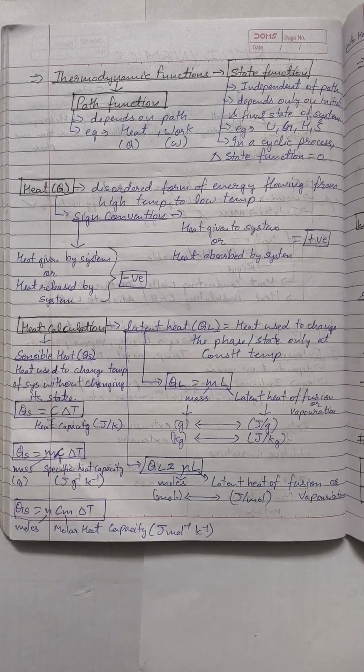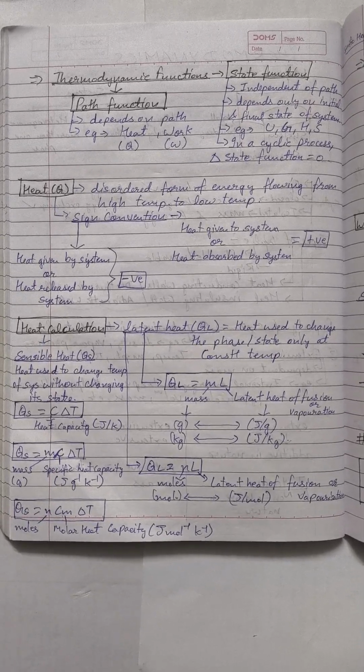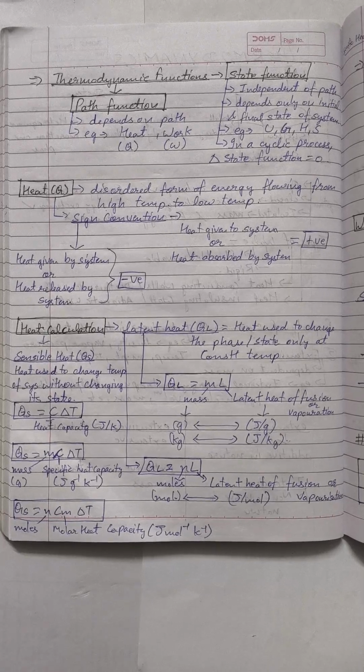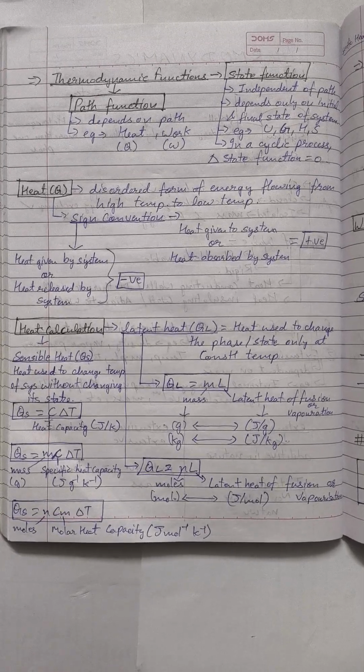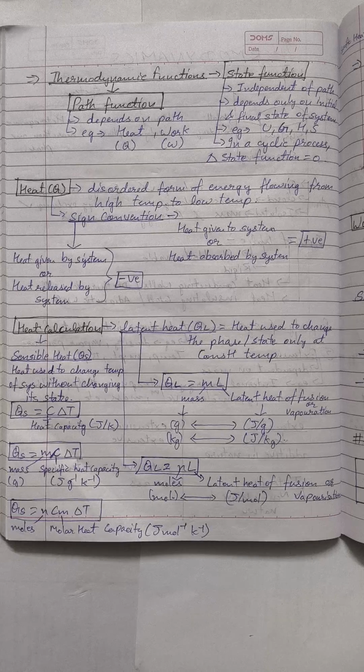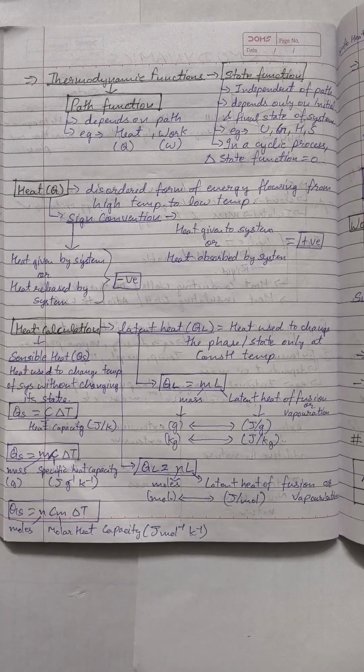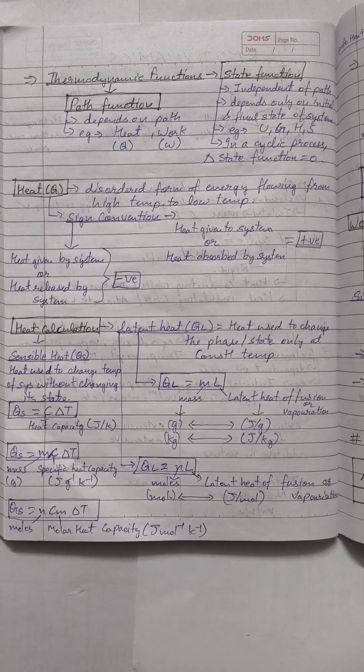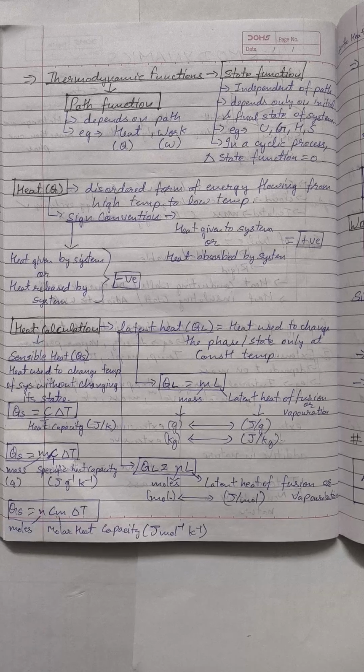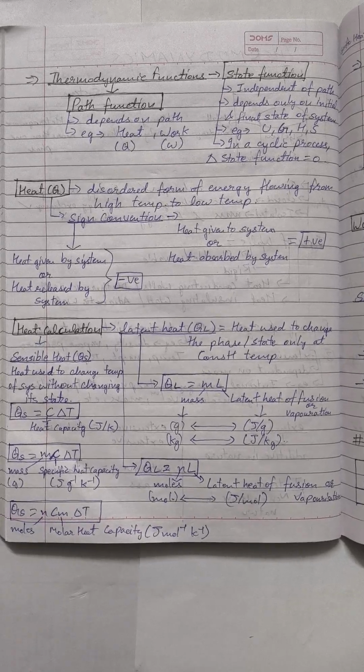Or it can be calculated with Qs is equal to m c delta T, where m represents mass in gram, small c represents specific heat capacity in the unit joule per gram per Kelvin, and delta T represents change in temperature.